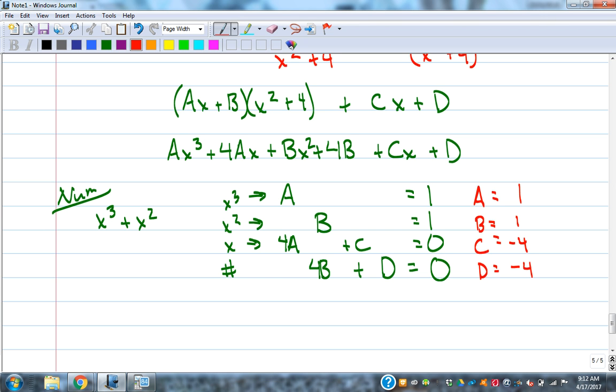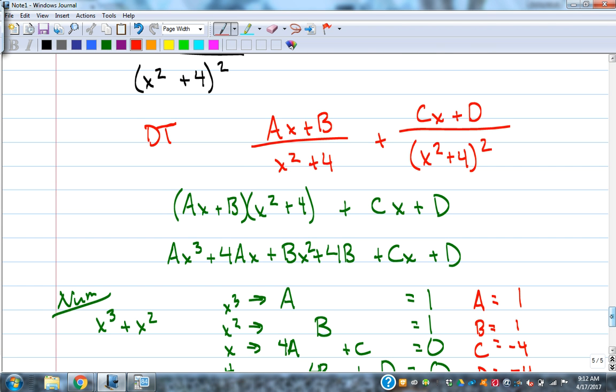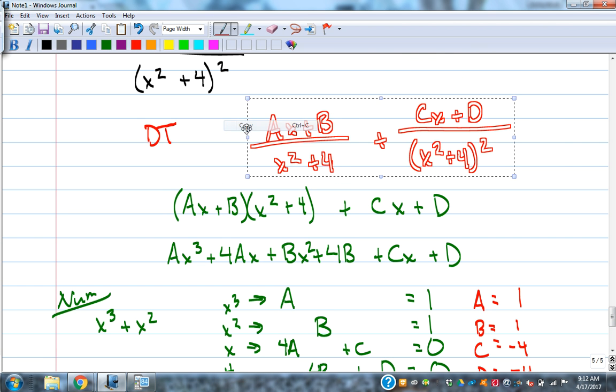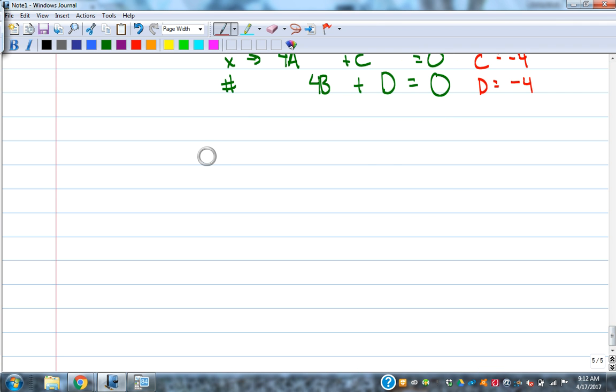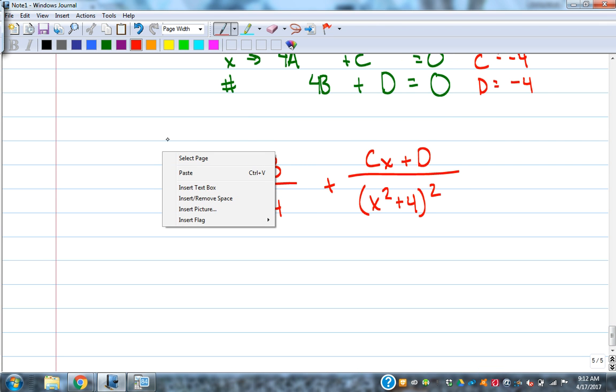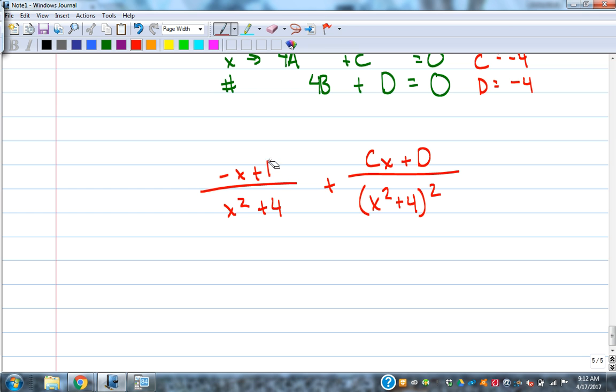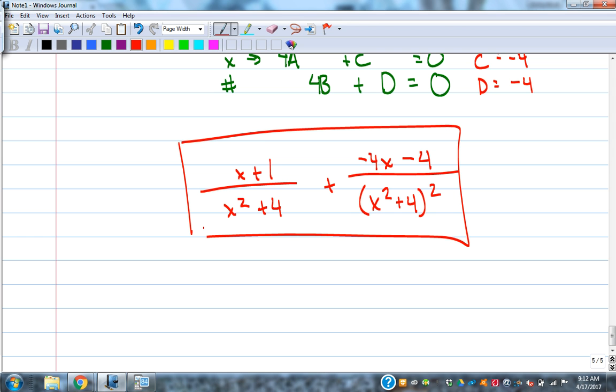So you can do it without a matrix, but a matrix still gets you the answers. And then you just go back to your decomposition template and replace the a, b, c, and d with their respective answers. Now, 1, 1, negative 4, and then I'm just going to change that to minus 4. And there's the decomposed fraction.